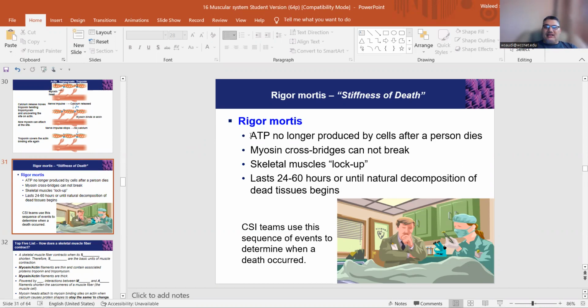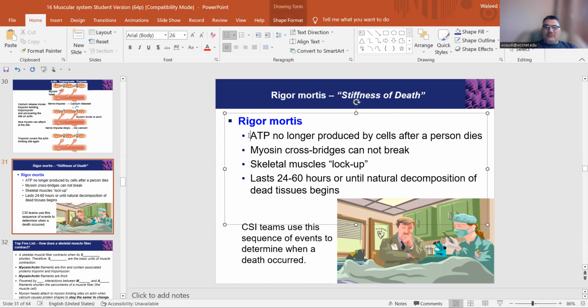What's the explanation of rigor mortis, which is important to know? ATP is not produced anymore. ATP is the energy that was helping the sliding we talked about. It does not happen without ATP. So in this case, the muscles are locked up temporarily.